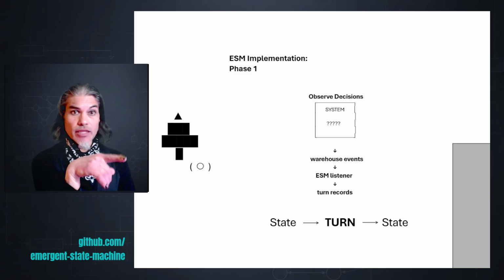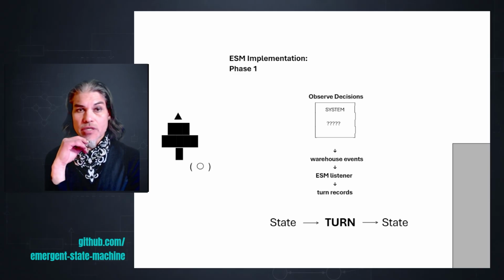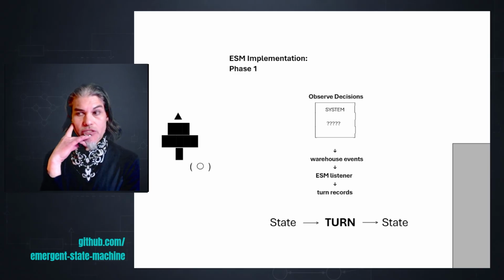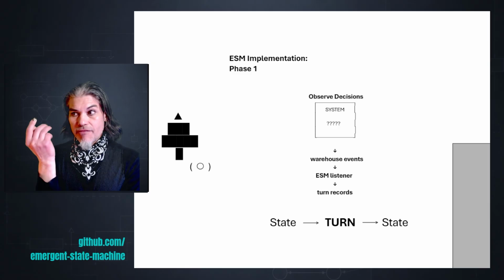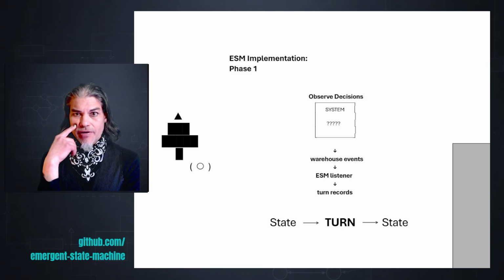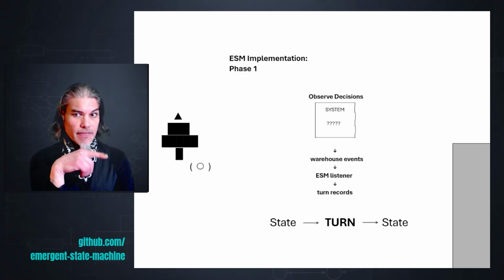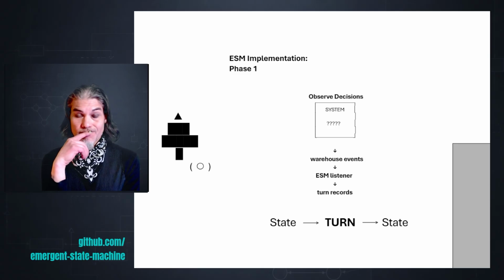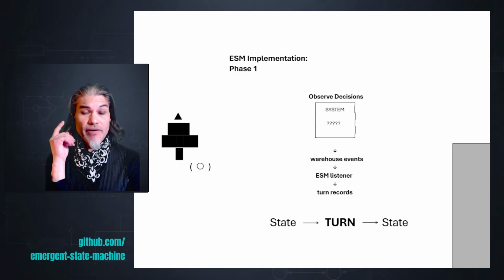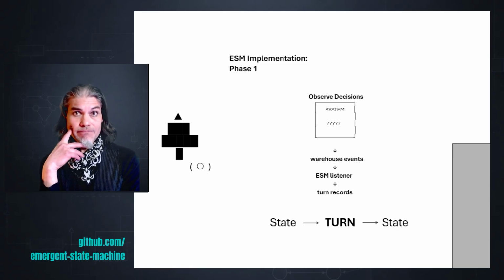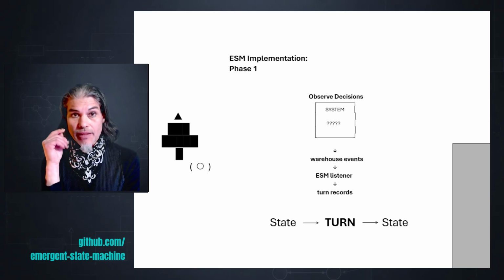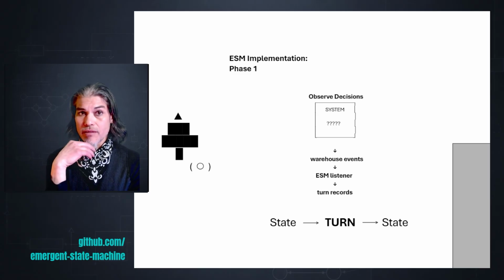Teams can begin learning about their systems just by recording turns and replaying decisions. ESM can function purely as a governance layer, as it does in this phase. And many teams may never need to do anything more with it. It's a bit like turning on the radar screen of the control tower.